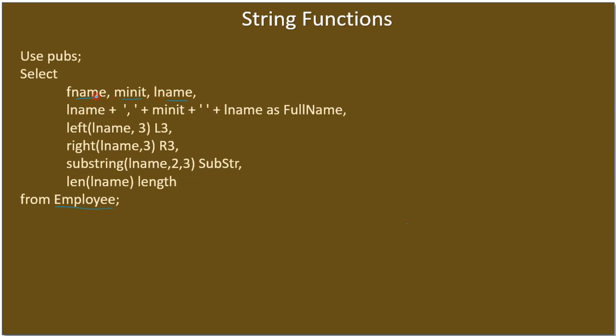Alright, here we take first name, middle initial, and last name. Here, if you see last name plus, this is what is called concatenation. When we use the plus operator, the string will be stitched together. To the last name we are appending a comma, then the middle initial. After that we are providing a space, then finally we are displaying the first name.